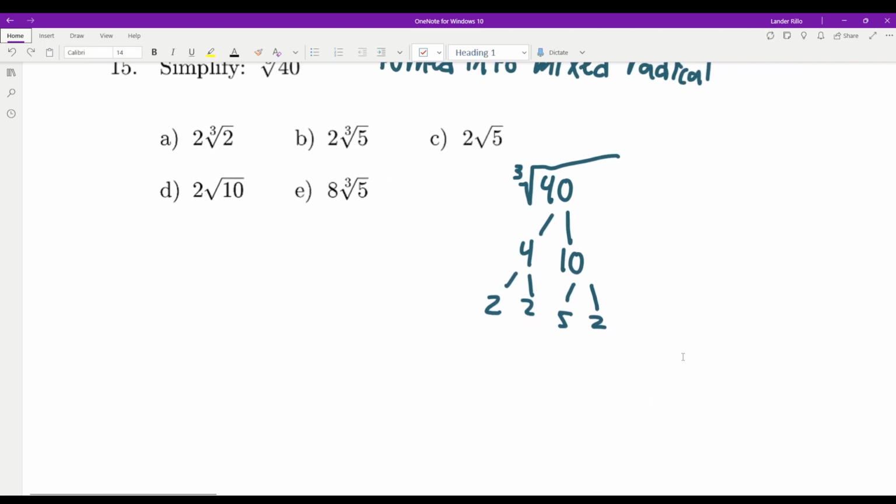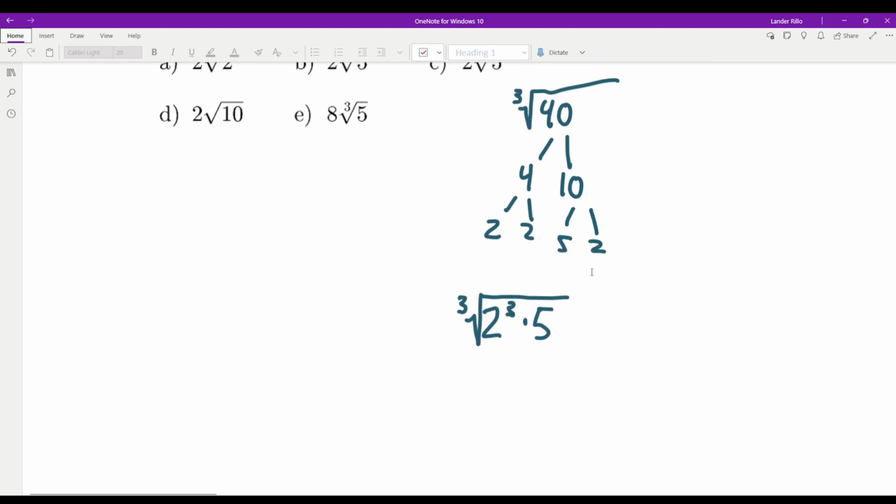Now, since the index here is 3, it's cube root, so we look for groups of 3. There's 1, 2, and 3 right there. So we can group that all up into 2 cubed times 5. There's a cube there. And so using properties, since it's multiplication, we can split them up.